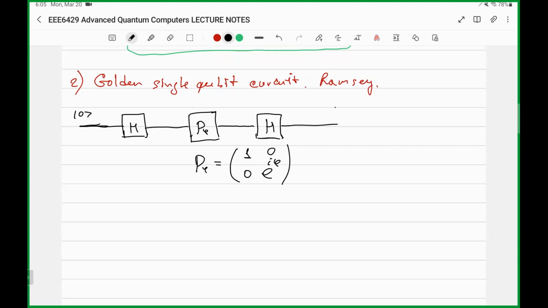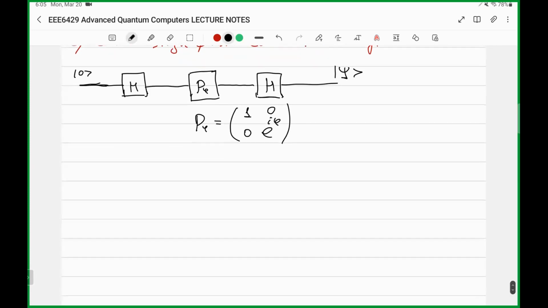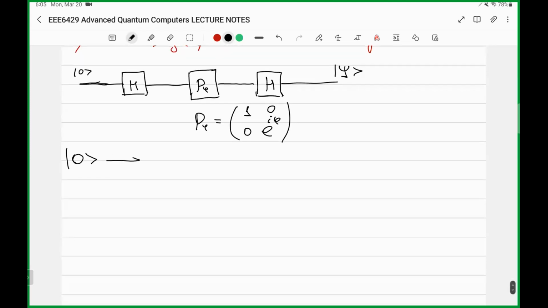And I'm interested in the result of this. So let's figure out the result. So our first gate is Hadamard, and the Hadamard gate turns the state 0 into state plus, right? Which is 1 over square root of 2, state 0 plus state 1.